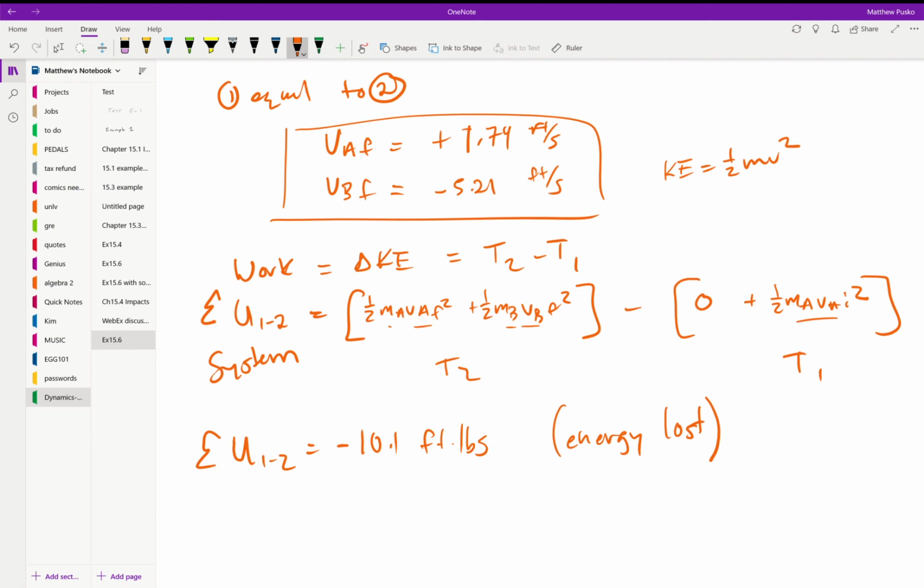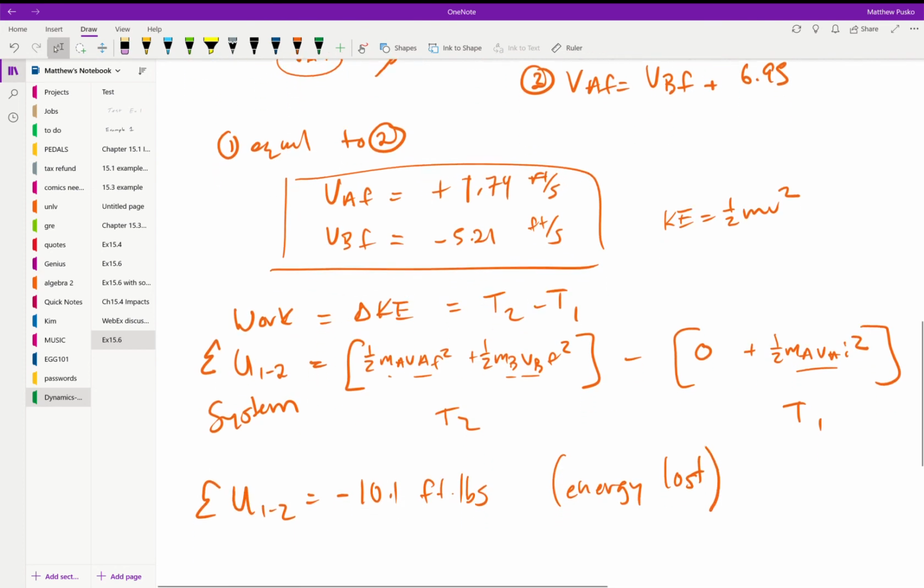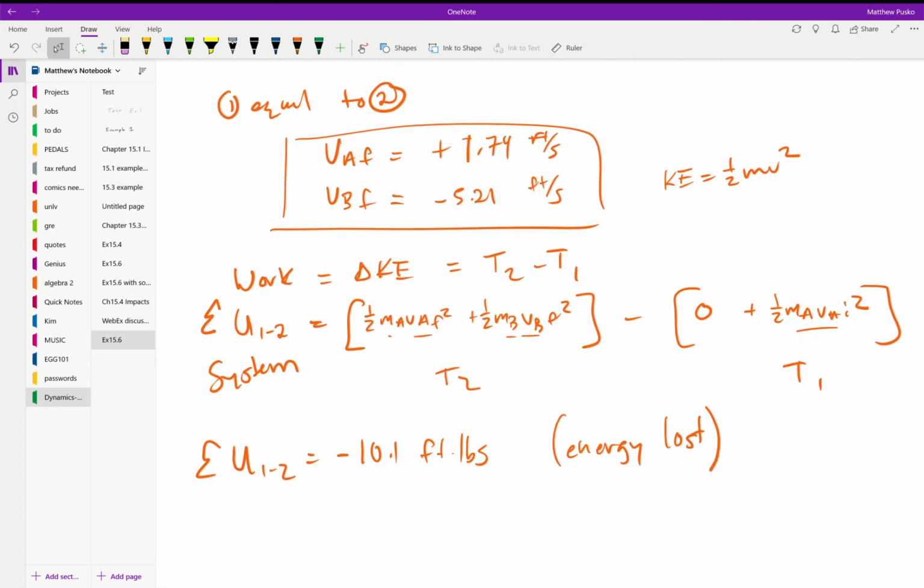No system in this case should gain energy. We had a coefficient of restitution that literally means that deformation took place and energy was lost. So you should see some change in kinetic energy for your object or for your system if coefficients of restitution are involved.